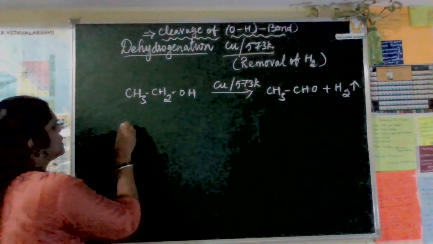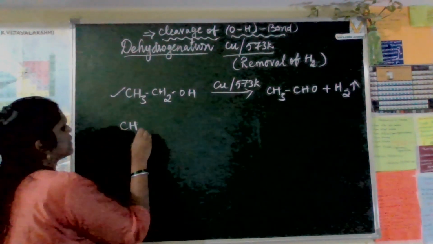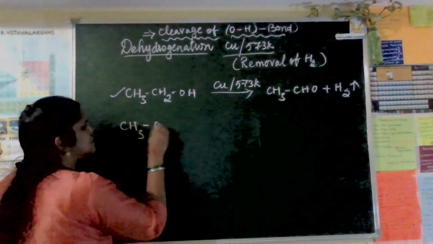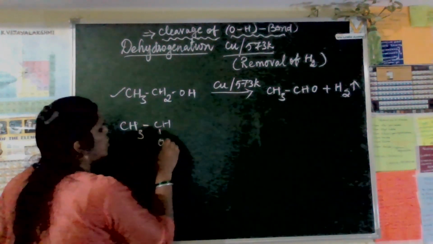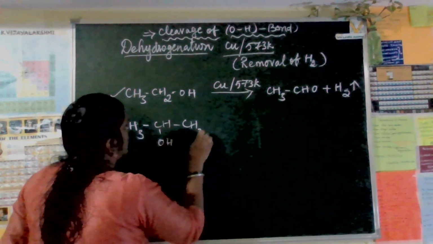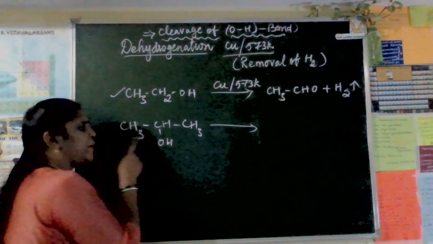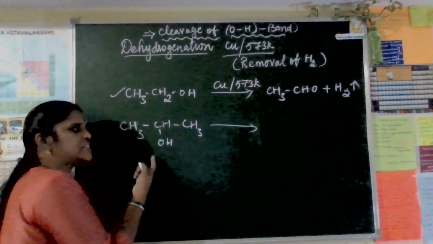Now another one. This was primary alcohol; now secondary alcohol CH3 CHOH CH3, also called propan-2-ol or isopropyl alcohol.